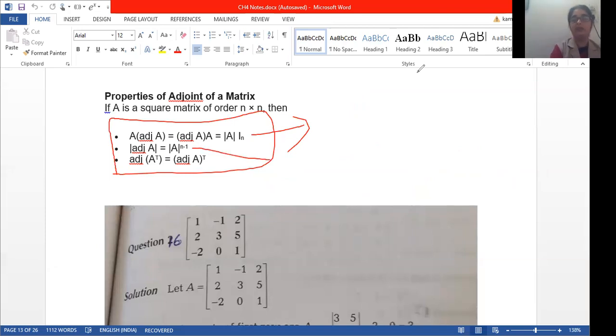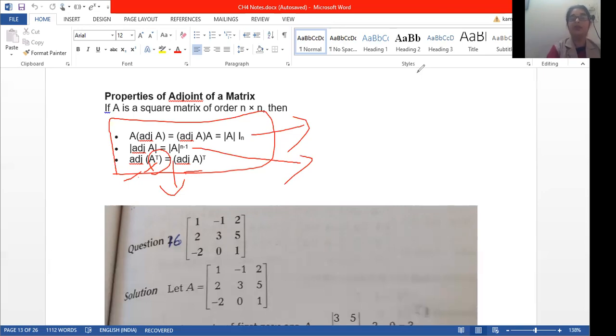And the last one I told you, a 1 mark question comes every year. This is also very important. You can do it by yourself. You can take any matrix, 2 by 2 or 3 by 3, find its adjoint, then take adjoint of A transpose, and then calculate adjoint of A whole transpose. You can take LHS and RHS separately, and you can get the result correct.